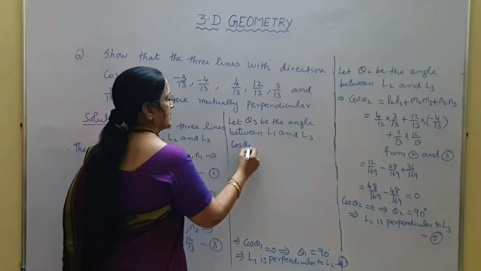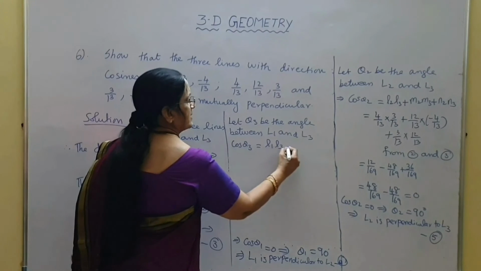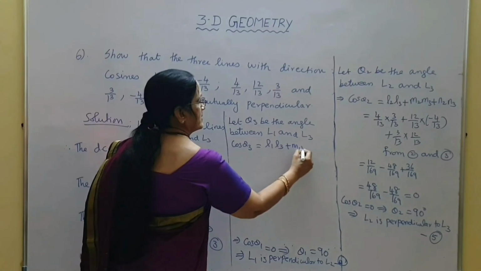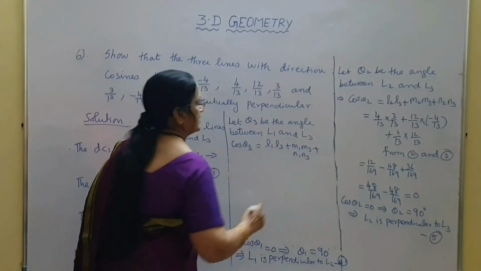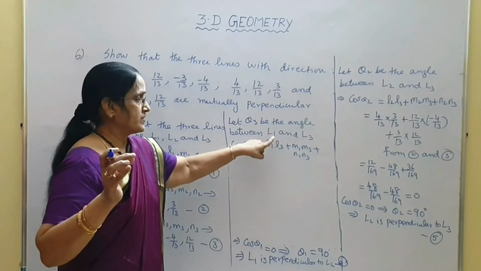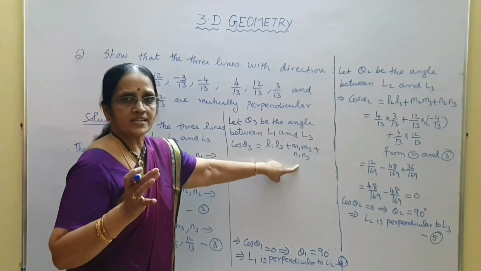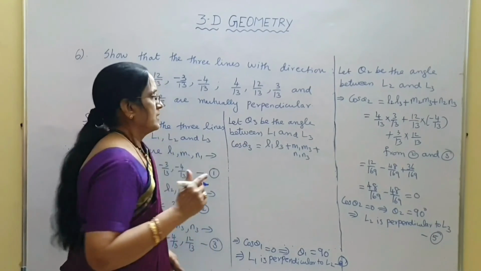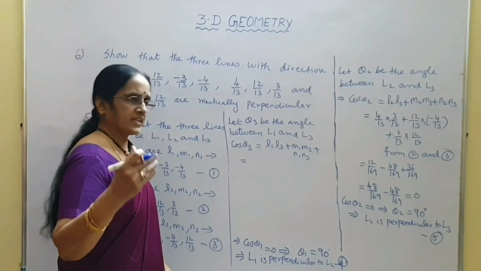Cos theta 3 is equal to L1 L3 plus M1 M3 plus N1 N3. Because L1 M1 N1 are the direction cosines of the line L1 and L3 M3 N3 are the direction cosines of the line L3. Now, let us substitute for L1 M1 N1 and L3 M3 N3.